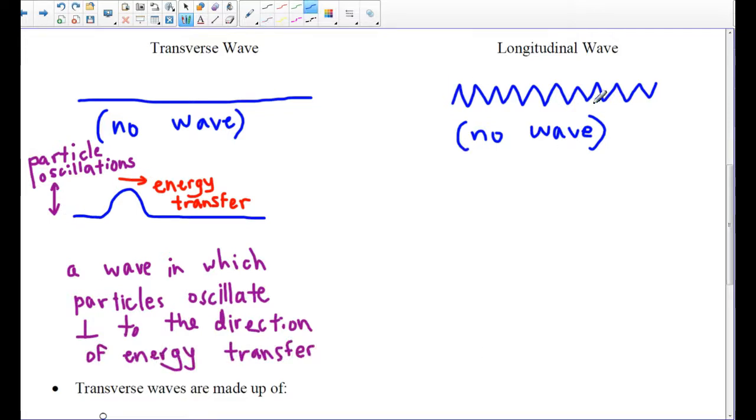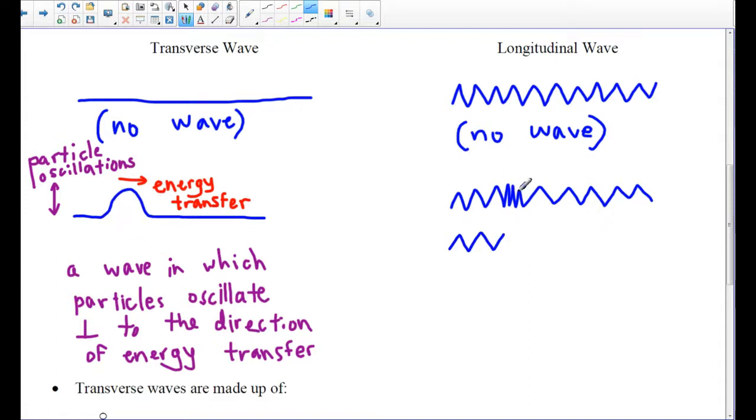Let's now draw a longitudinal pulse. Here's the medium, and then in the middle you've got this compression. And then on the other sides there is nothing, no compression, no stretching. But the other way that you could draw a longitudinal wave, a pulse, is like this. Instead of having a peak, you could have a valley.